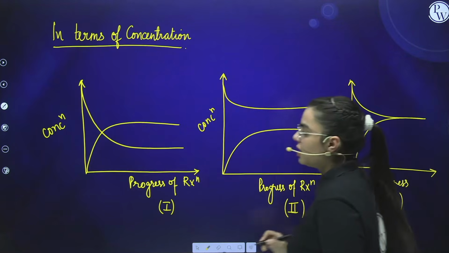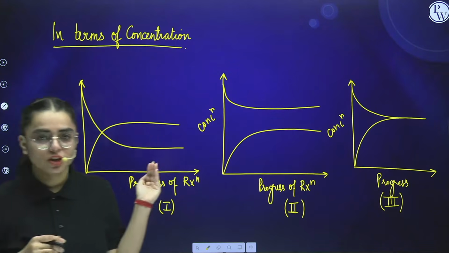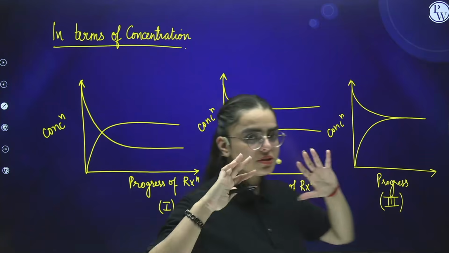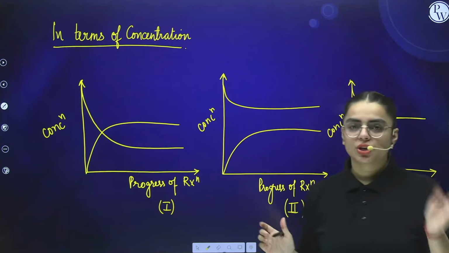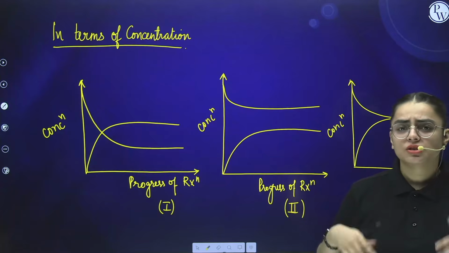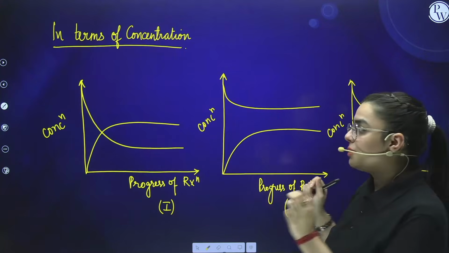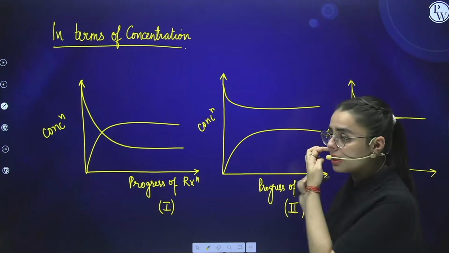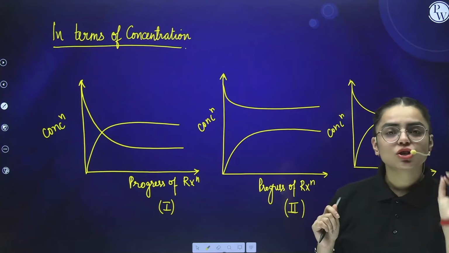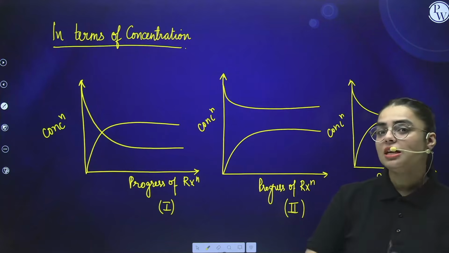When I'm talking in terms of concentration, I have already told you the definition: the state of the system where all the measurable properties such as pressure, volume, temperature, density all become constant, right? That means the point at which the concentration of the reactant as well as the product becomes constant is the equilibrium state.